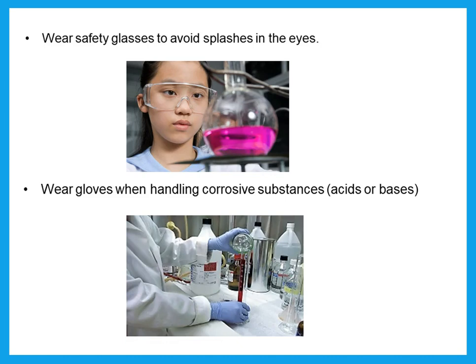Corrosive means they harm the skin. So the precaution would be wear gloves. So you have to remember that when using acids or bases, what is the hazard? Remember, the word hazard means what is dangerous about it: these are corrosive substances or corrosive solutions, so the precaution would be wear gloves.